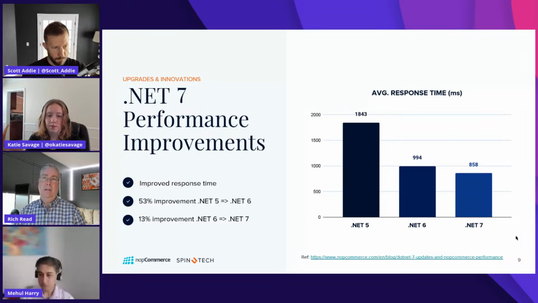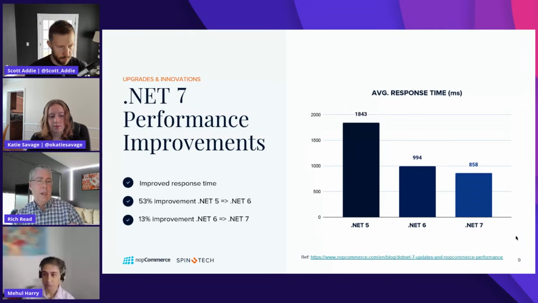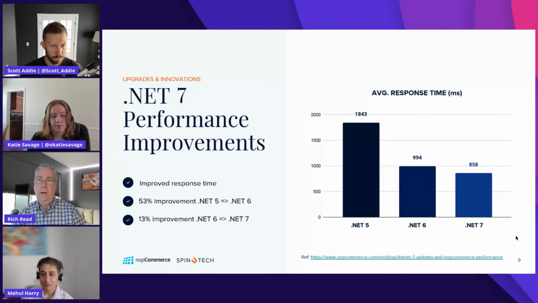Just by upgrading the underlying platform itself, with no additional optimizations, you see faster response times: 53% improvement when they went from .NET 5 to .NET 6, 13% improvement from .NET 6 to .NET 7. That's just because of the optimizations that were done to .NET itself. So no code changes on your part, just upgrading to the newer version.